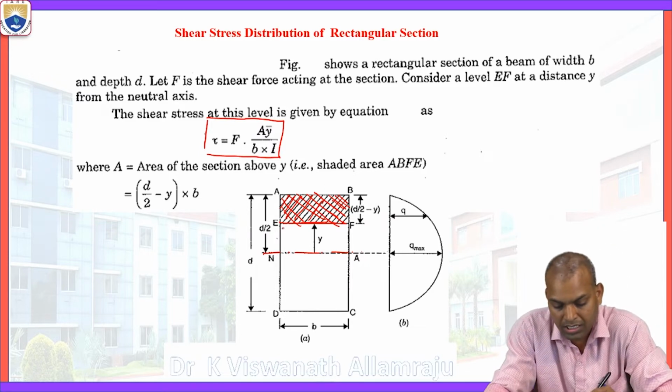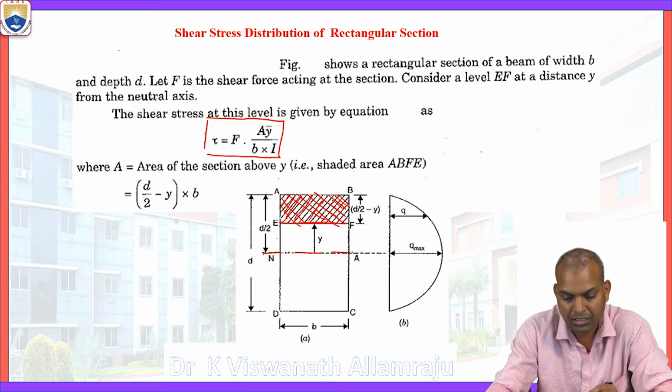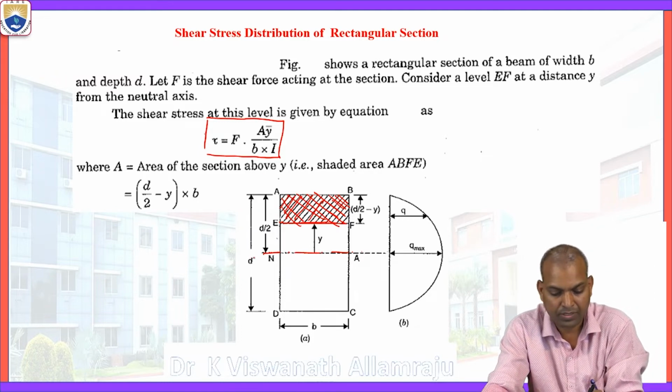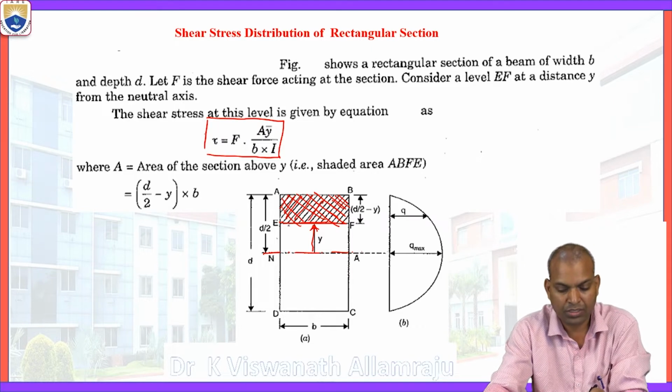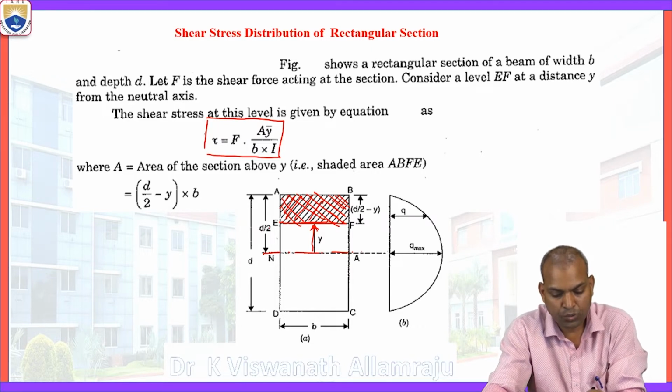So what is this A? That is length into width. The width is B, and the length is the thickness. D is the depth, and the neutral axis is at half of AB, that is D by 2, and y is the distance from the neutral axis to EF. So D by 2 minus y gives the length BF.